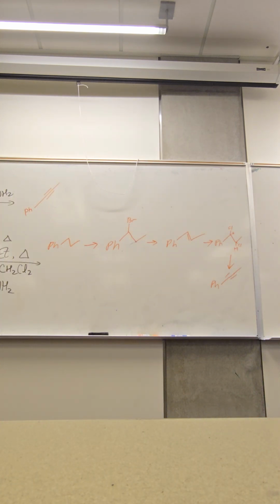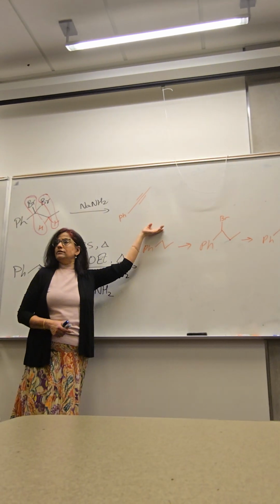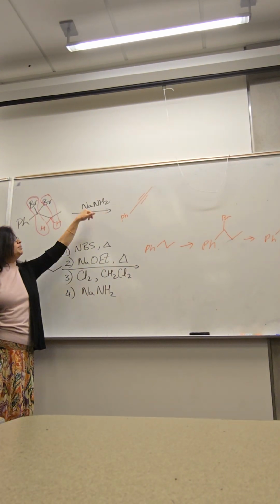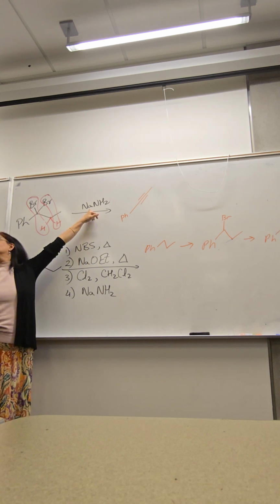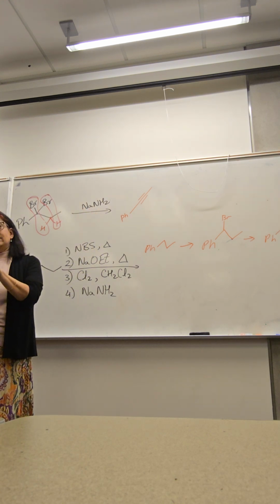Before I go there, I know I didn't highlight that information here, but how many E2s are happening from the dihalide to the alkyne? Two E2s. So how many equivalents of the base will be needed? Two. Agreed? Everybody understands that?